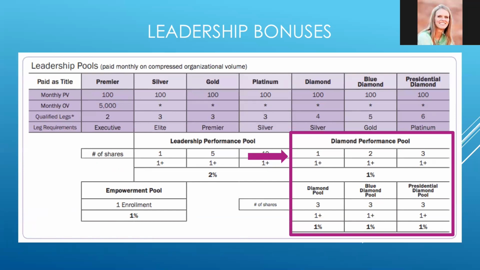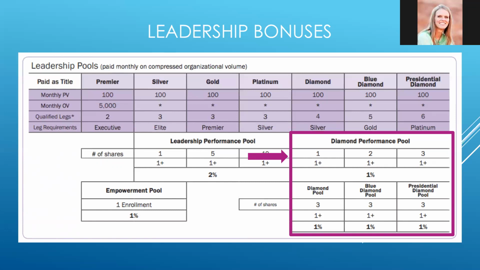And I don't know what presidential diamond is yet because I haven't gotten there, but it is obviously more than the blue diamonds pool. So it definitely is worth getting up into the leadership ranks and being able to start growing your team in that way, because then you benefit from the levels as well as the leadership bonus pools.